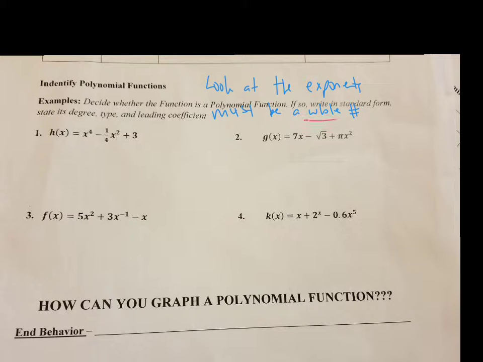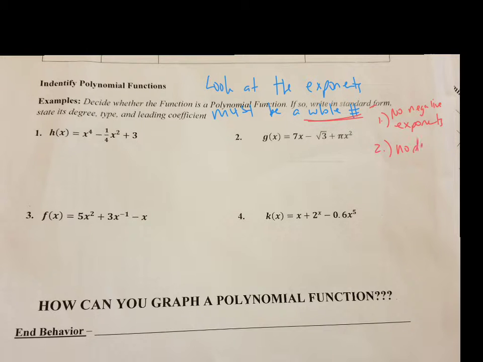So really what that means, being a whole number, is basically when you look for exponents, no negative exponents, because whole numbers are always positive, including 0.